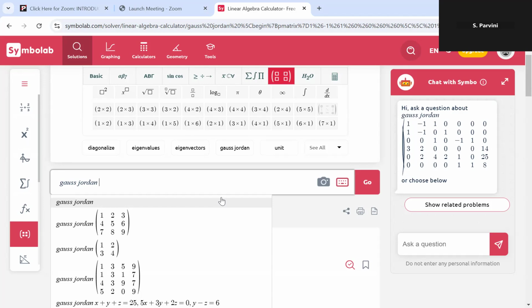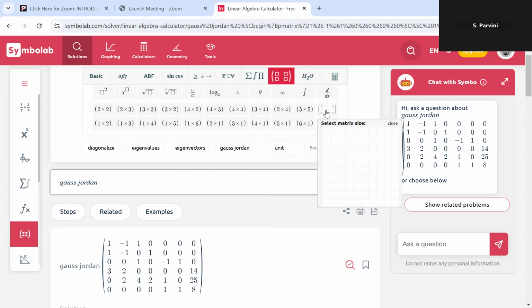The one that I called extra, it's going to be 0, 0, 1, negative 1, 1, 0. Now let's go here. We have an extra equation, right? So now I'm going to have 7 equations and 6 unknowns. So it's going to be a 7 by 7, right?